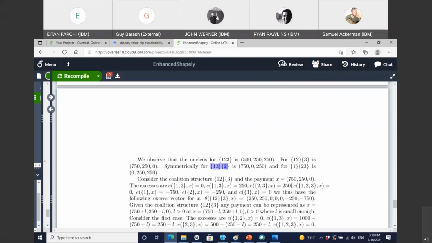Can you tell me what is the maximum excess for this vector? What is the excess of this one if coalition 1, 2 forms?